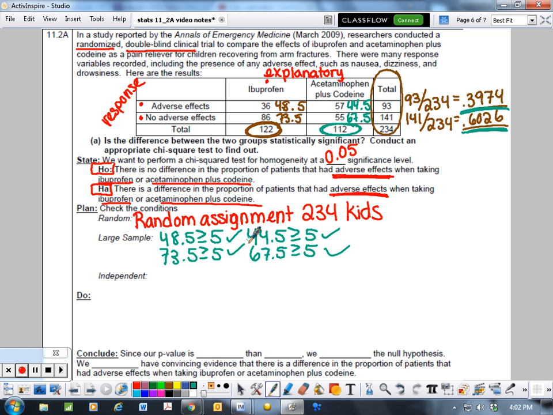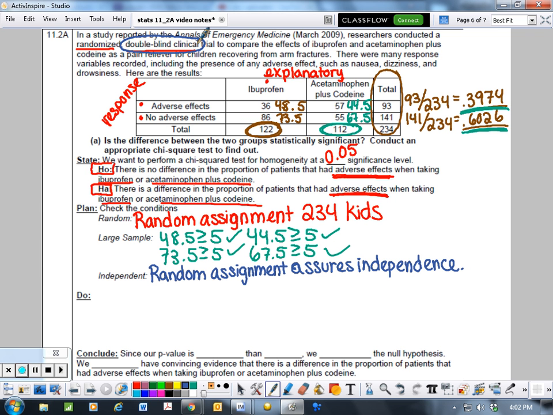And now we're going to check independence. So random assignment assures independence. And because we're a little worried how one kid might affect another and stuff like that, we are now looking at that double-blind clinical trial.